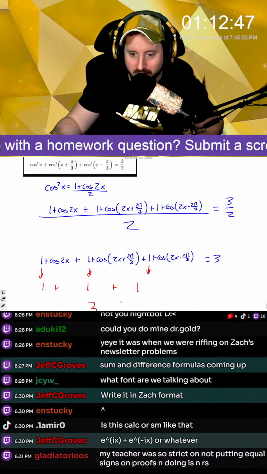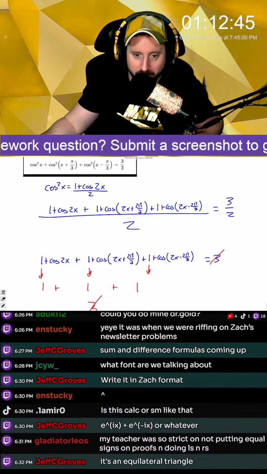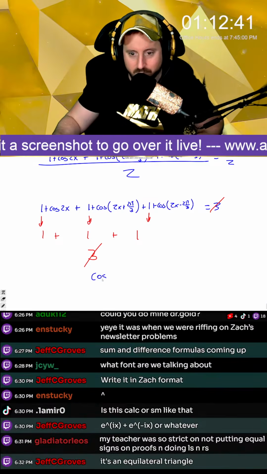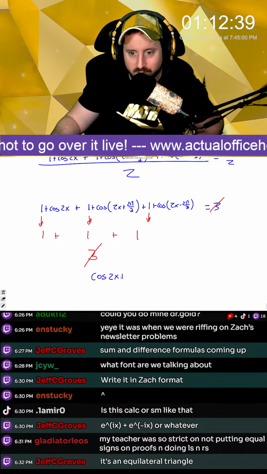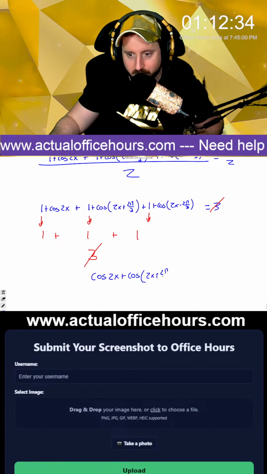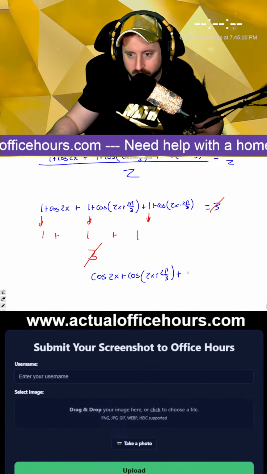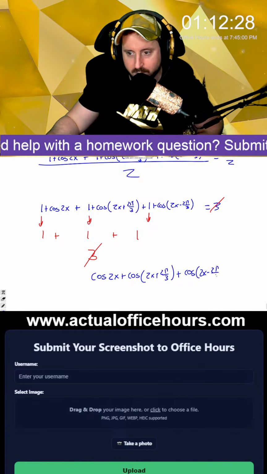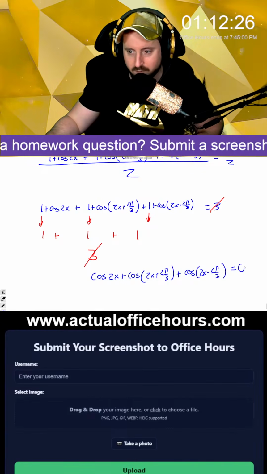And that's equal to 3, so then that'll cancel with that. Okay, cool. So then we have cosine of 2x plus cosine of 2x plus 2 pi over 3 plus cosine of 2x minus 2 pi over 3 is all equal to 0.